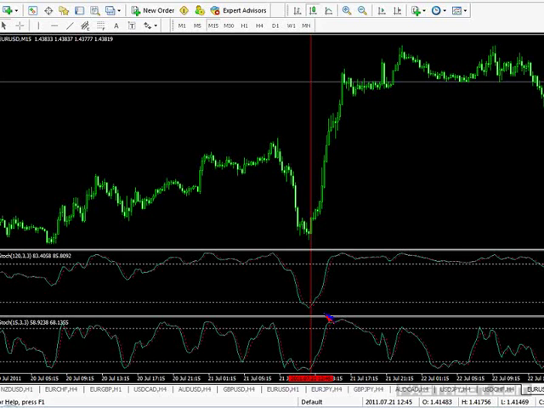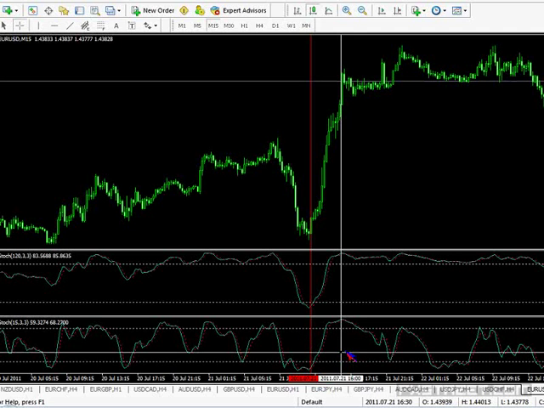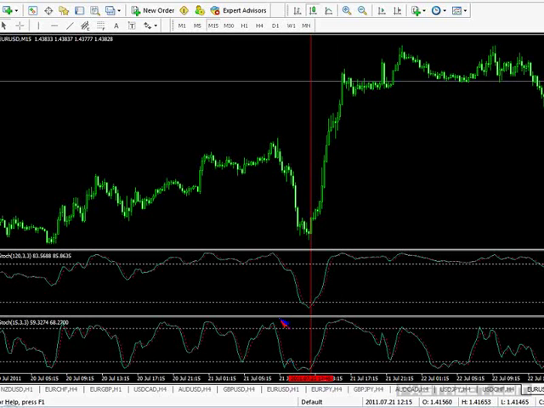The fast one should be less than or equal to 40. In this case, it should be below 40, after being at the opposite extreme. While this fast one, the green line, should be above the red one, the one that gives us the signal.